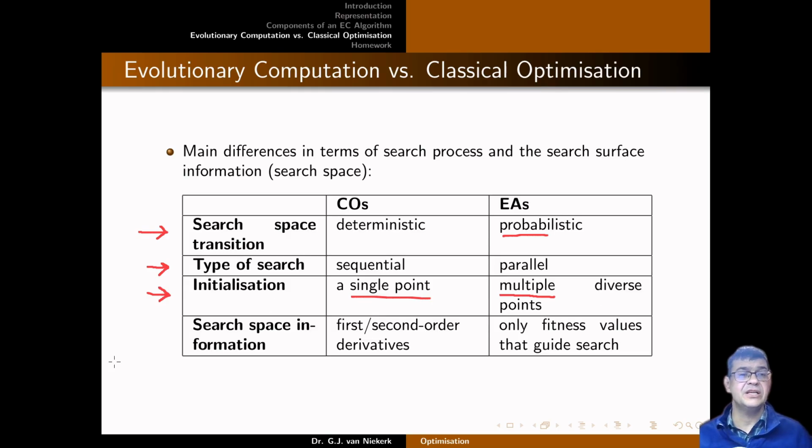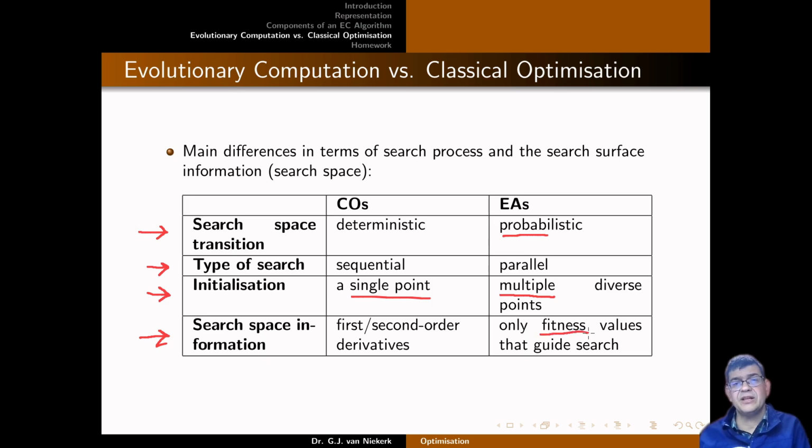And then search-based information. So how do we solve the problem? With your classical optimization, it's first and second order derivatives. For example, if you look at something like gradient descent, that uses a classic first order derivative in order to find the direction of the slope in which you need to move in order to optimize it. It's an absolutely deterministic movement. With EAs, it's only the fitness values.